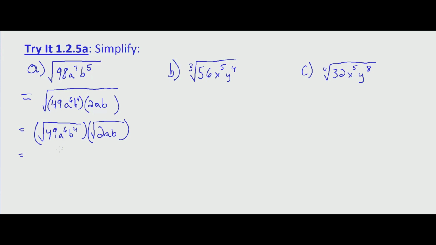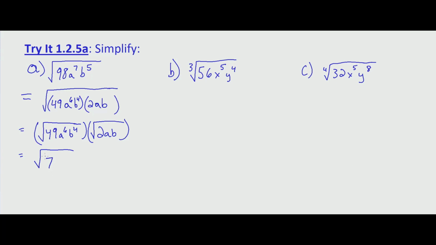Now we could separate this further. Instead of having just the square root of 49a to the 6th b to the 4th, we could take the square root of each one and then square it. This isn't really a necessary step, but to see what we're doing and to make sure we're crossing our T's and dotting our I's, if you're not fully comfortable with the process, I would suggest writing this step.